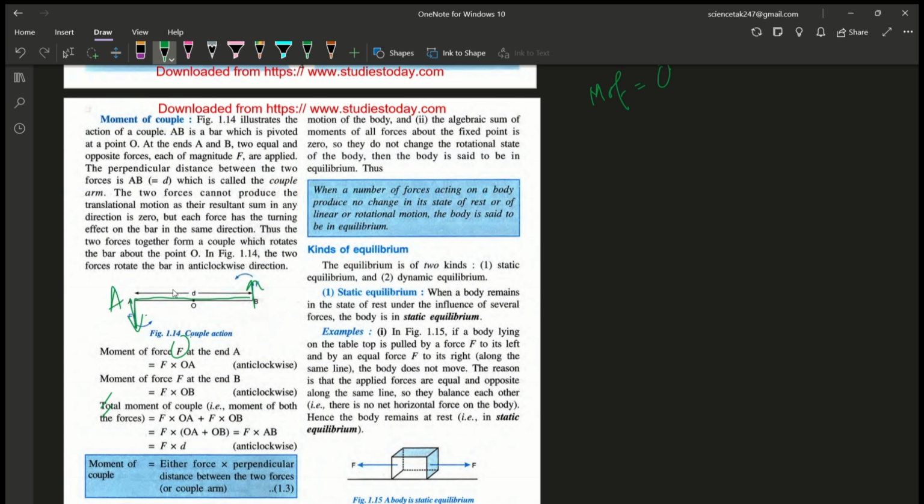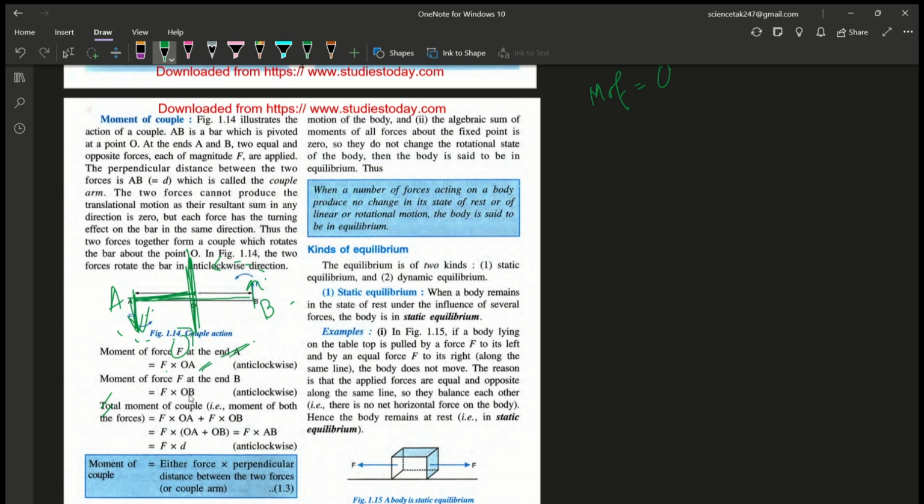Now point A also we're going to see anti-clockwise, it's going to cause rotation, and B also it's going to cause anti-clockwise rotation. Okay. Now moment of force because of force at point A is going to be F into OA because this is going to be a perpendicular distance between the line of action of force and the axis of rotation. This is going to be AO or OA, right?